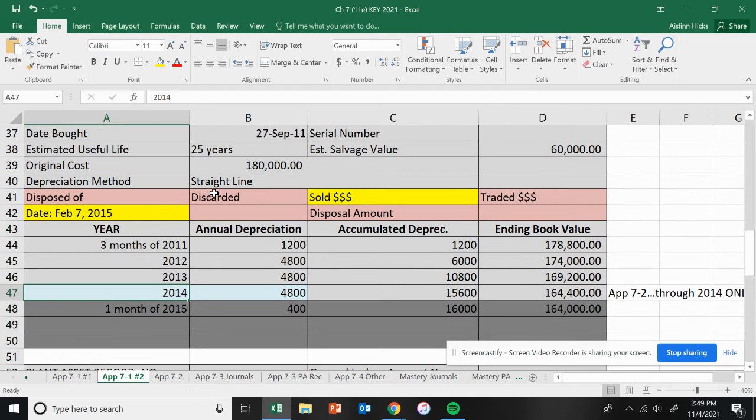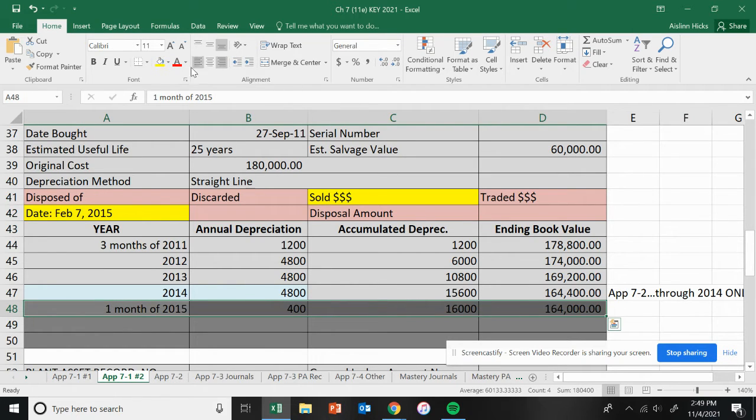Since it is being discarded, let's fill this in on line 42, February 7th, and I'm going to click sold. Now, February 7th is 1 full month into the year. February does not count yet. So let's put in 1 more month of depreciation.